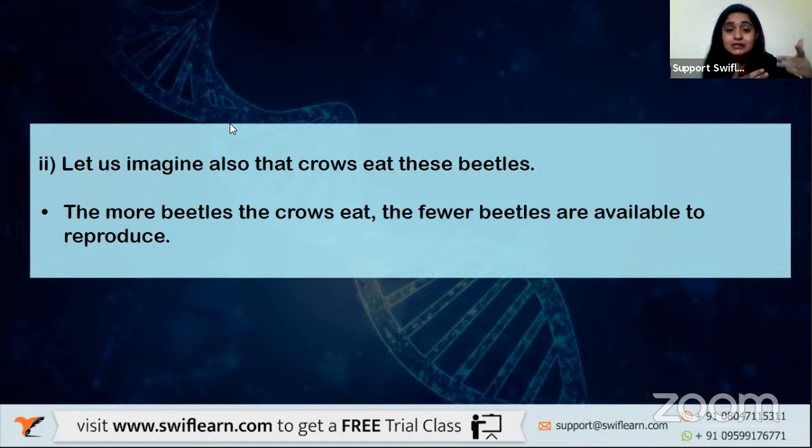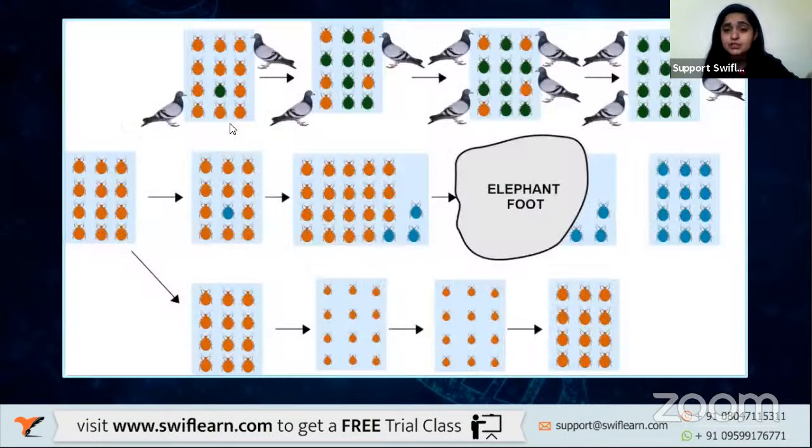Now, the more beetles the crows eat, the fewer beetles are able to reproduce, isn't it? So there are fewer beetles left on the trees to reproduce.